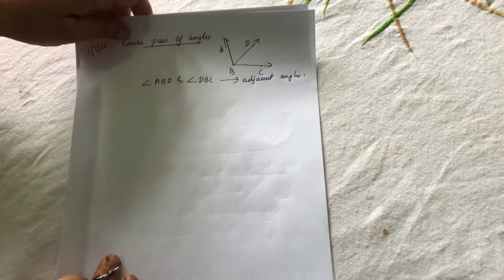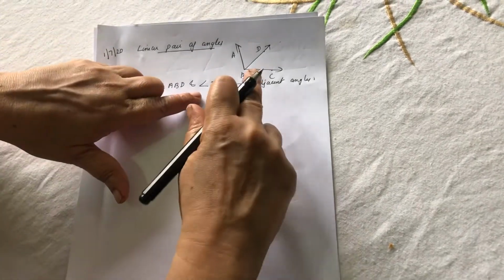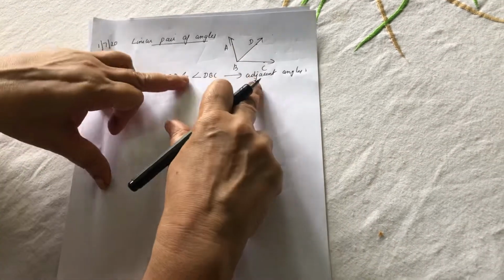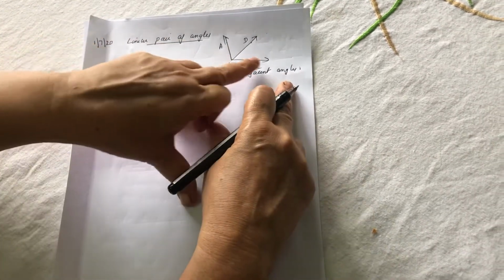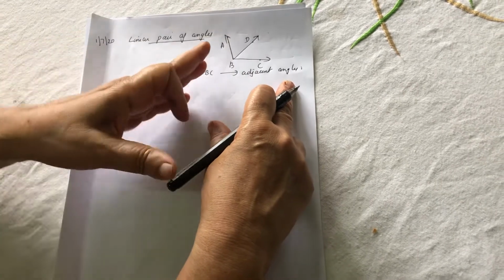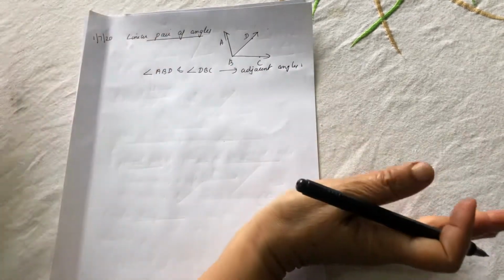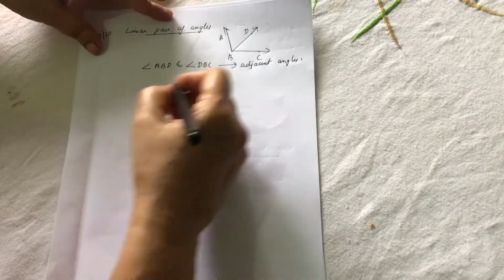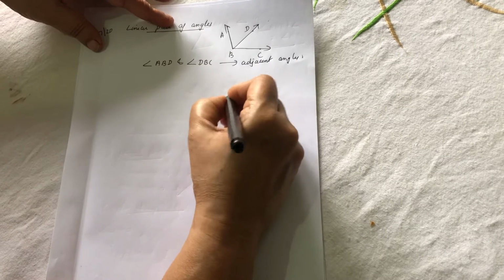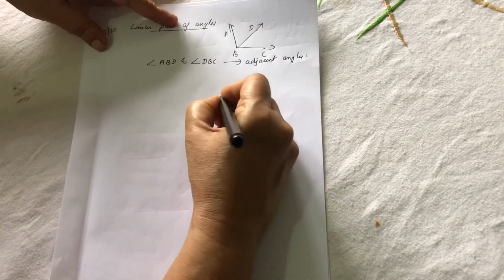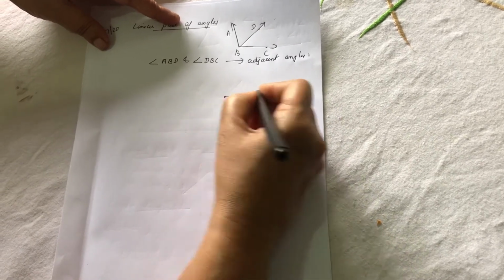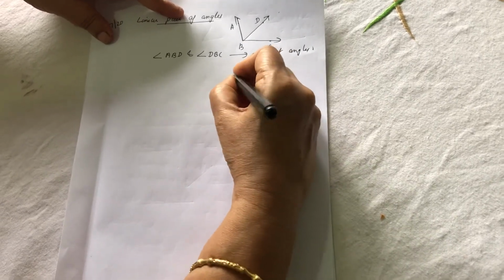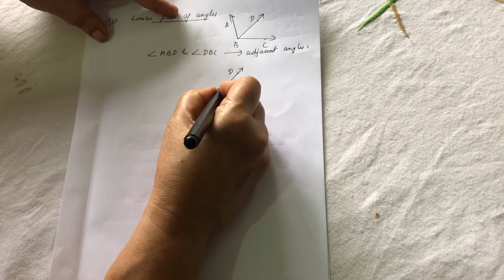Linear pair of angles. Two angles are said to be a linear pair if only one more condition is added: the non-common arms should be opposite rays. Suppose this angle is CBD and this is angle ABD.